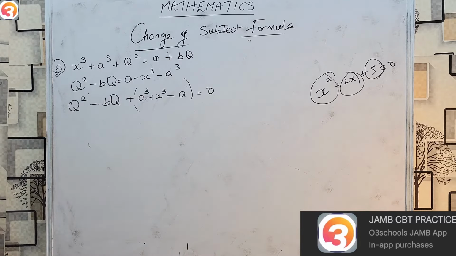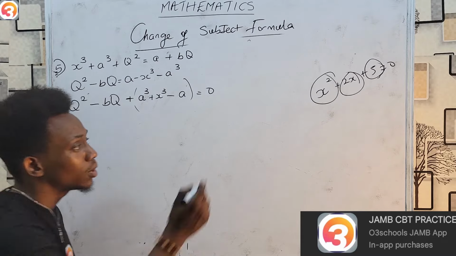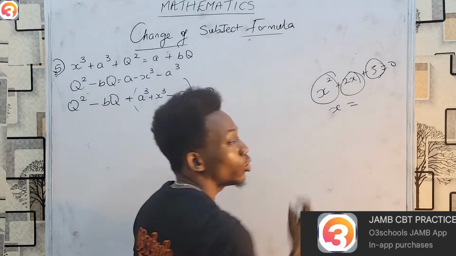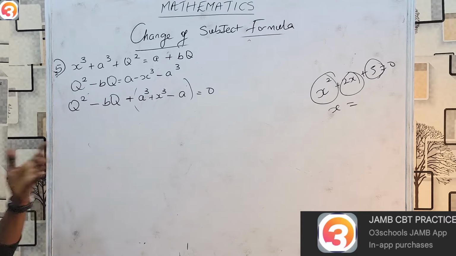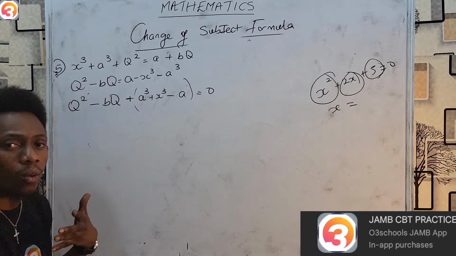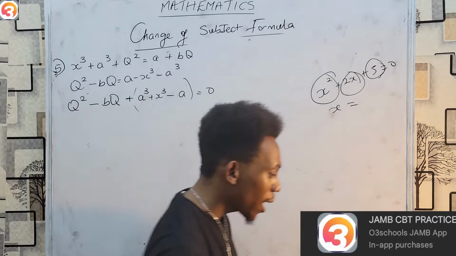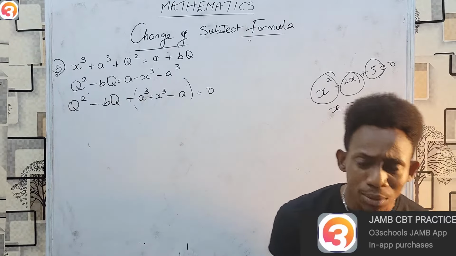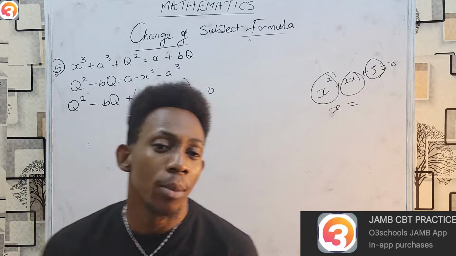Now, once you solve a quadratic equation, you are aware you usually get something. If you solve this, you're getting x equals something. So if I solve this quadratic equation, that means automatically I too will get q equals something. But how can I solve a quadratic equation that seems to be made up of just letters and no numbers?